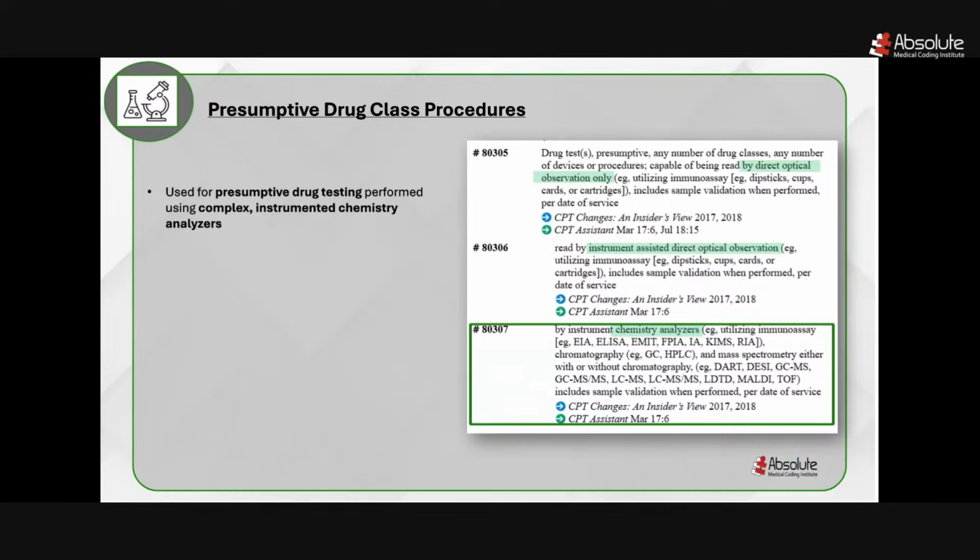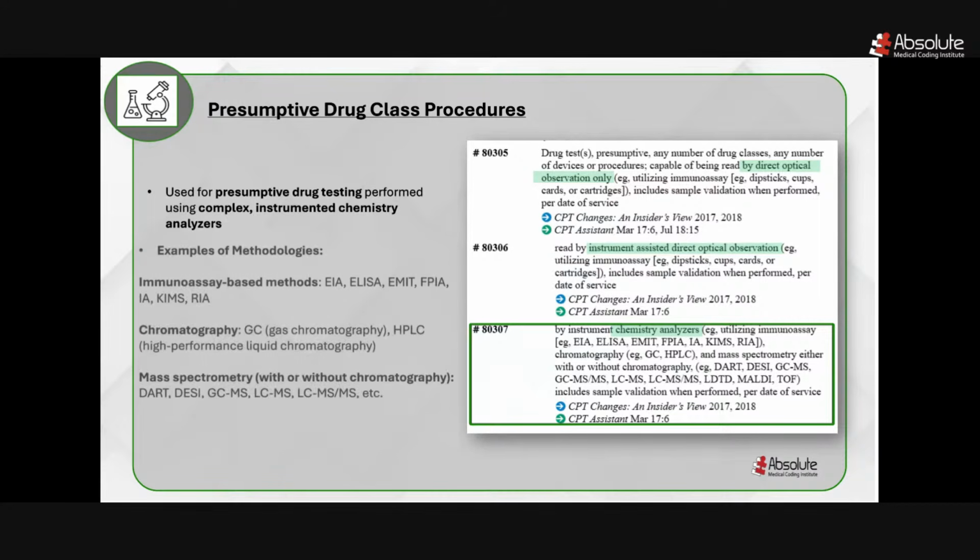So that is your keyword. It uses instrumented chemical analyzers, and there are many different instrumented methods to perform a presumptive drug assay, including immunoassay, chromatography, or mass spectrometry. So these are the methods which are used to report 80307.